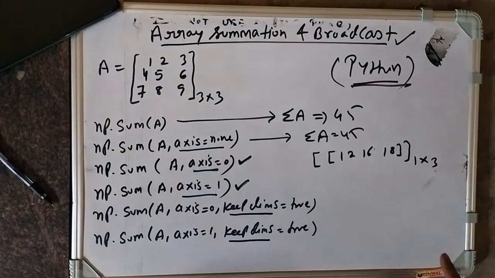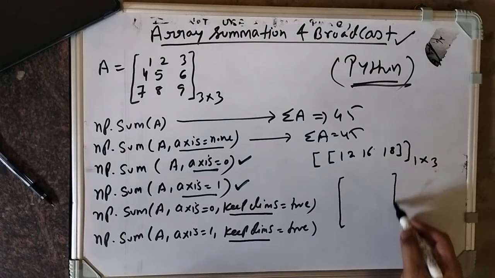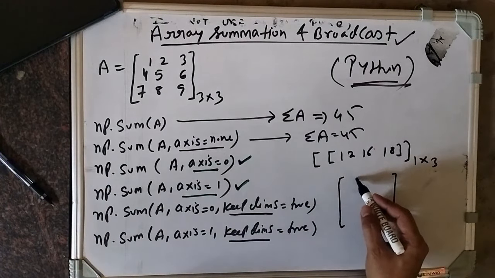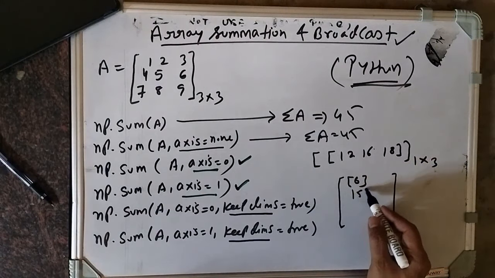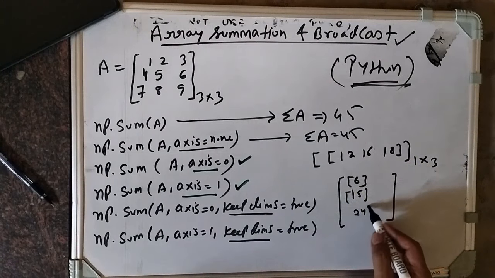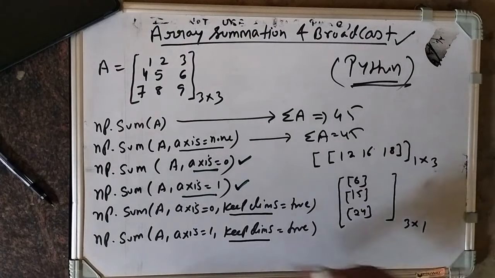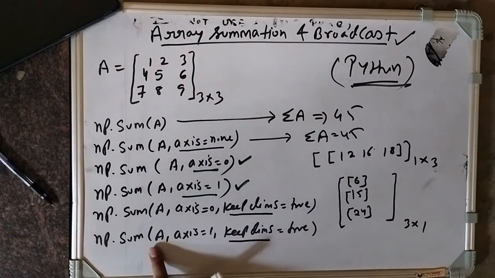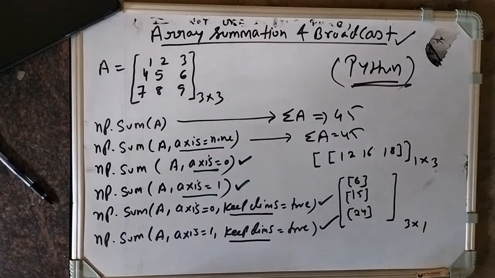I will show later what this means. Here also it will keep the dimension: the first one was 6, the second 15 and the third 24. So the dimension is 3 by 1. It is keeping the dimension. I will explain later why; every time you should write it like that.